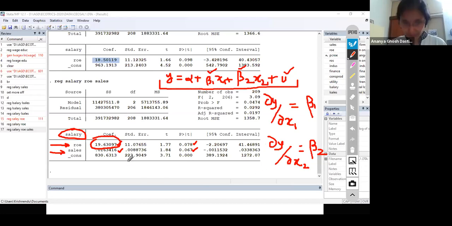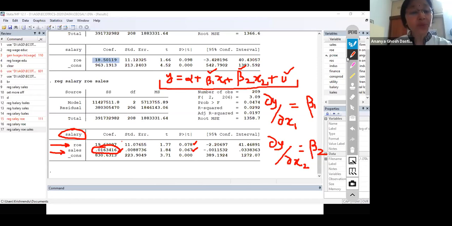So if I were to instead look at beta 2, what is this saying? This is saying, holding sales constant, okay?